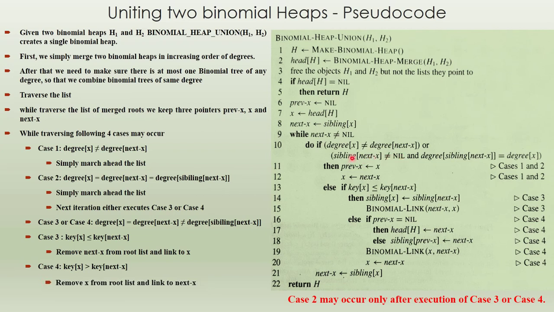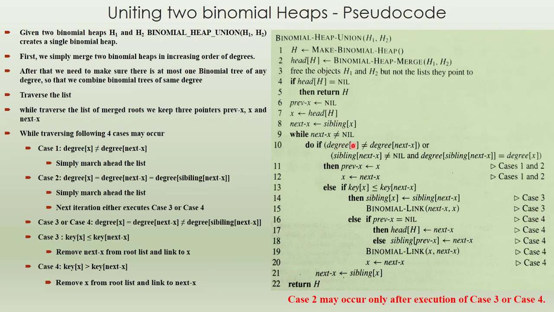Sibling of next x becomes nil once we reach the last node in the root list. So it is only to counter that condition. You just look at this condition. Degree of sibling of next x equal to degree of x. This is actually the part of case 2. Degree of next x equal to degree of sibling of next x.